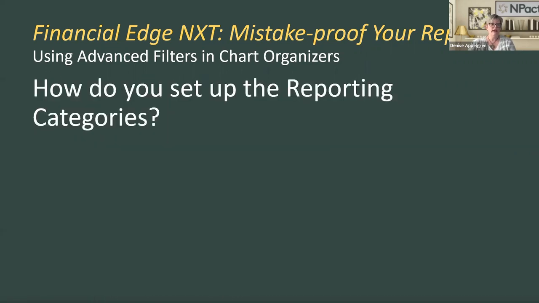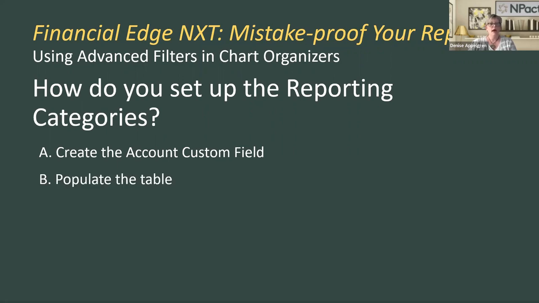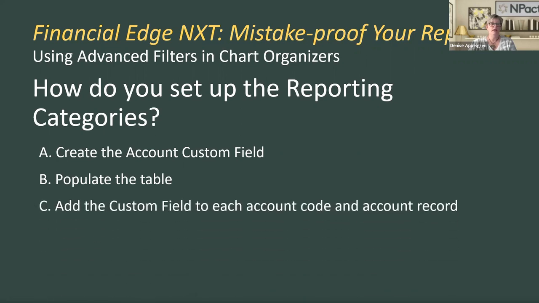So how do you set up the reporting categories? Well, you create the account custom field. You populate the table, and then you add the custom field to each account code and account record.